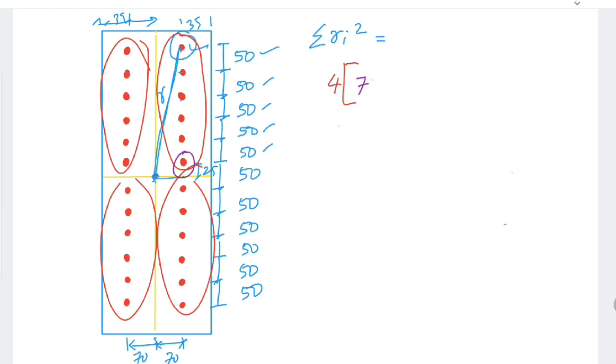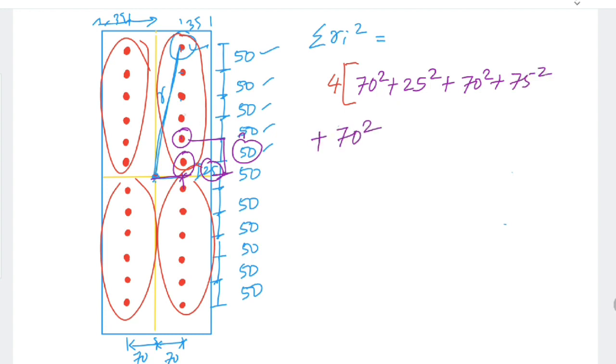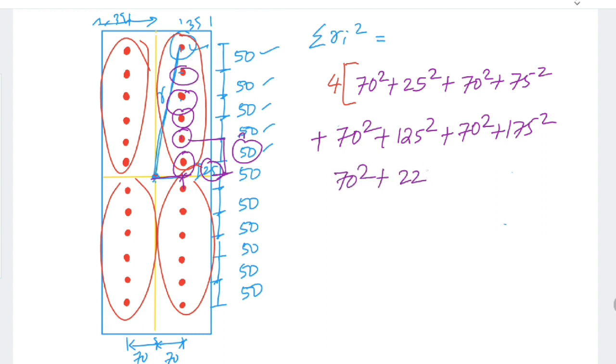So first bolt is 70 square plus 25 square, plus once again second bolt, horizontal 70 square, vertical from here to here 25 plus 50, 75 square, plus next one again 70 square, third bolt 70 square plus 125 square, plus fourth bolt 70 square plus 175 square, fifth bolt 70 square plus 225 square, plus last bolt 70 square plus 275 square.